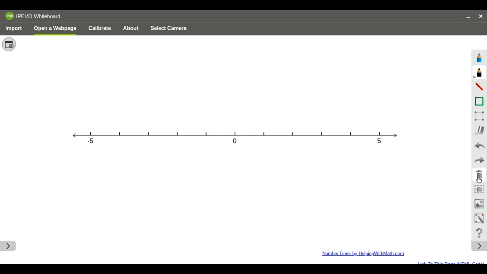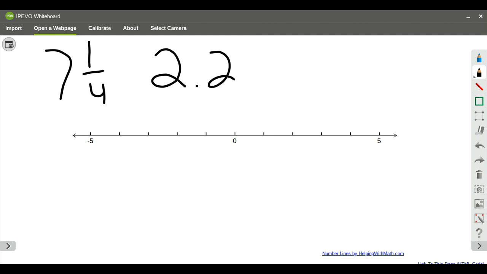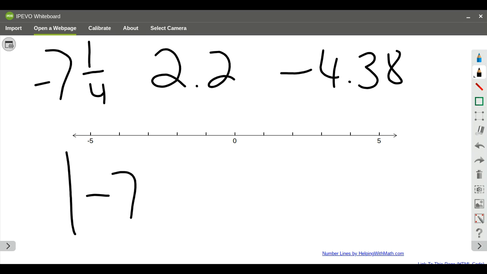Okay, so let's take a look at a couple other numbers and let's write them as absolute values. If I have -7 1/4, 2 2/10, and -4 3/8, I want to write and find the absolute values. I'll start with -7 1/4. First thing I'm going to do is put it in the notation to let me know this is what my absolute value is going to be.